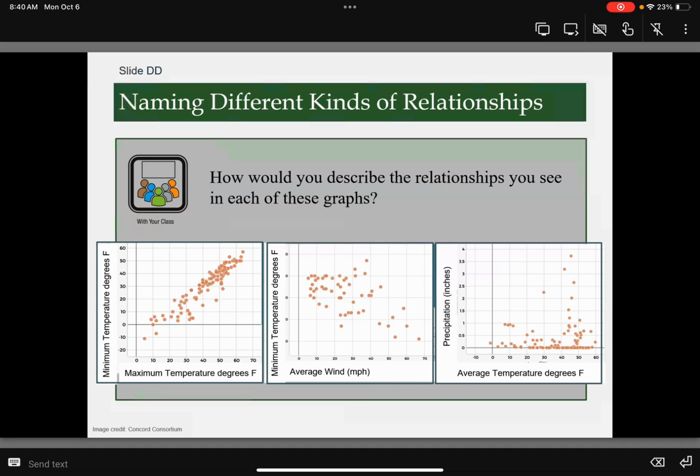Okay. So just take a minute, looking at these graphs, and what patterns can we see? Just silently to yourself right now.